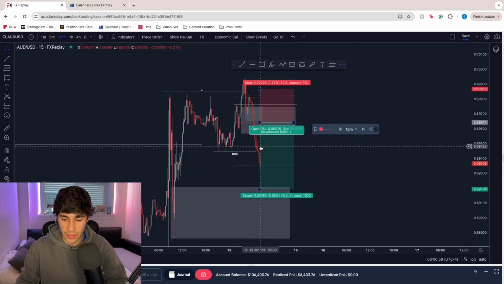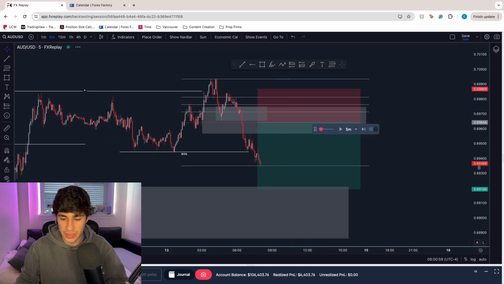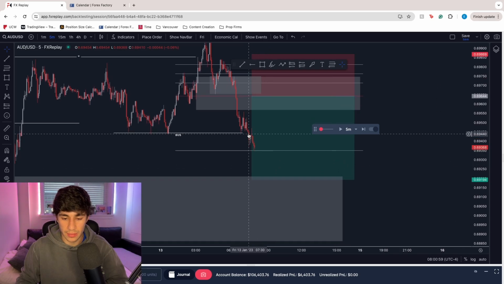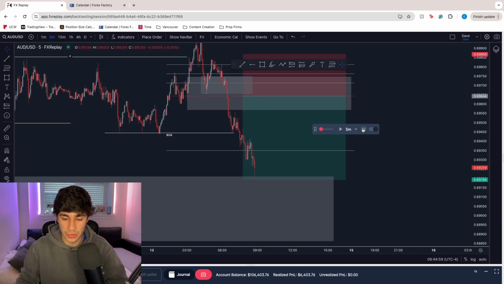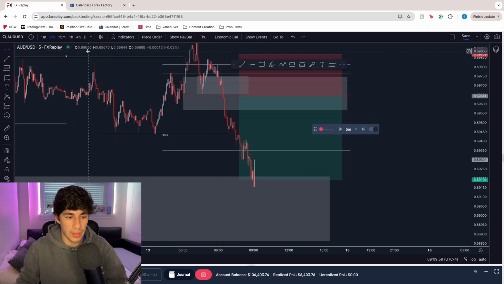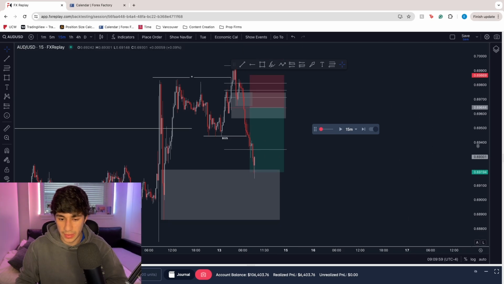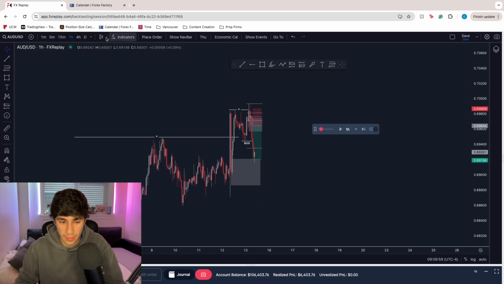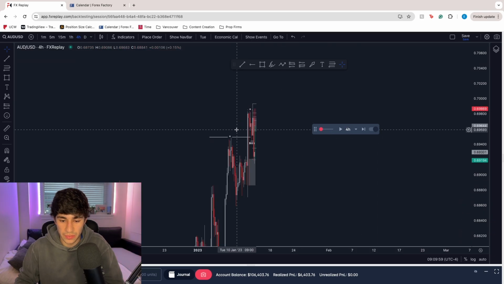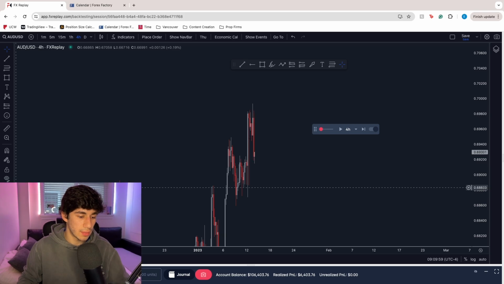Yeah, simple as that. So now let's see what happens. Let's see if we actually have a retracement in our session, or if price is just gonna keep going down without giving any reversals. Well, let's see. Looks like it's gonna continue going down. Yeah, so it continued going down. But there's still a big chance for price to reject from here. Let me erase this.